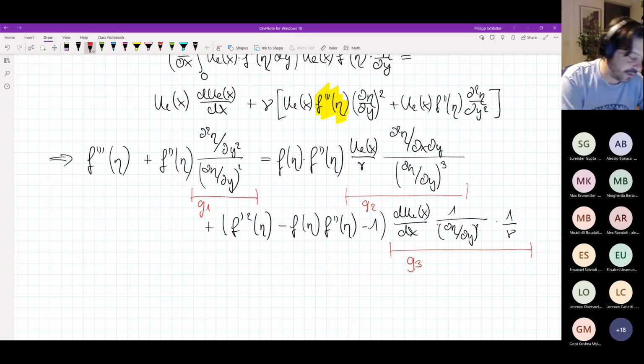Because if they depend on eta, then my whole equation is written in f and eta, and then I have a self-similar solution. If there is still some x and y left, then my solution is not self-similar because there is an additional dependence on x and y, which is not accounted for by my similarity transform. So that is quite an important statement here: I need to look at these coefficients G1, G2, and G3 for this to allow for self-similarity.